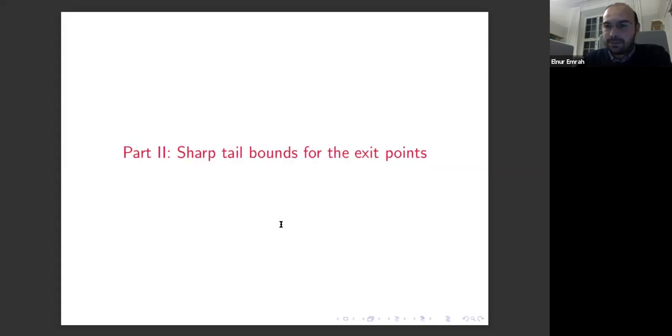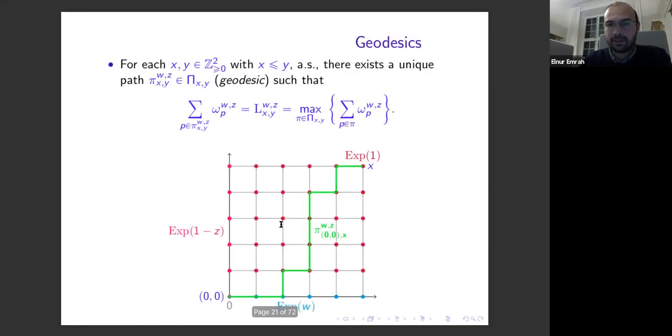Okay, so after this conclusion of part 1, now I will move towards stating our main results. I will need a bit of notation. Let's recall this process LWZ. It's the last passage times that use boundary weights.